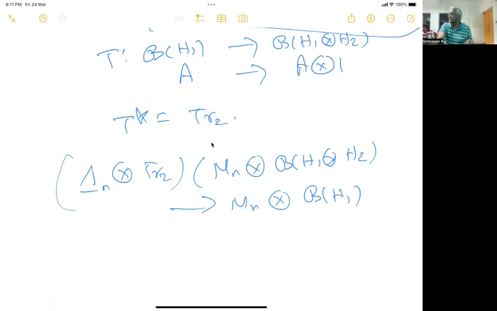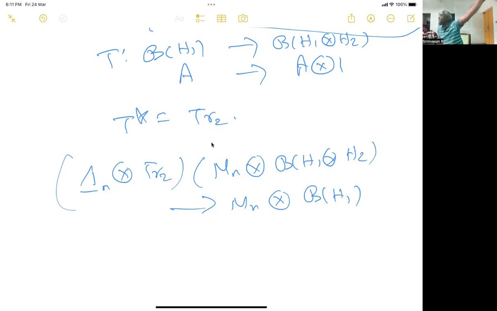What was completely positive? T is positive if you take a positive element and one tensor T is positive on Mn tensor A. You amplify it, one tensor T has to be positive. So T is completely positive. One tensor T, that's the definition.